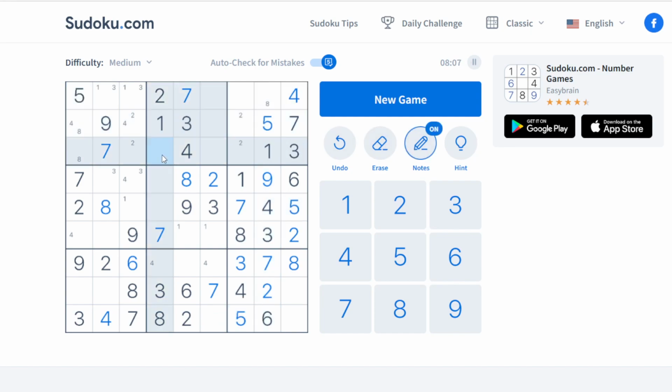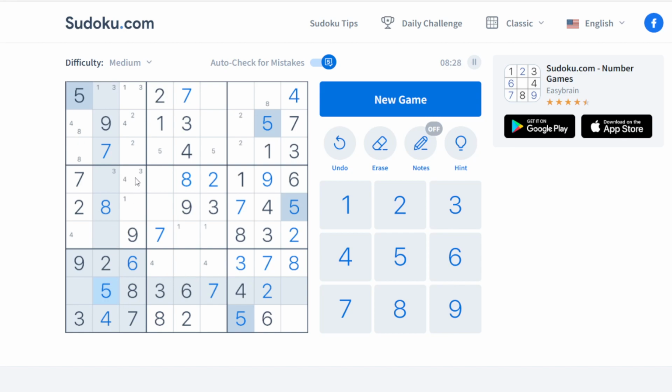We can make note that the 5 is either here or here. Down here, we know the 5 cannot be here, and therefore it must be here. The 5 must be within these 3. However, we do not have any other clues to rule out one of these 3.